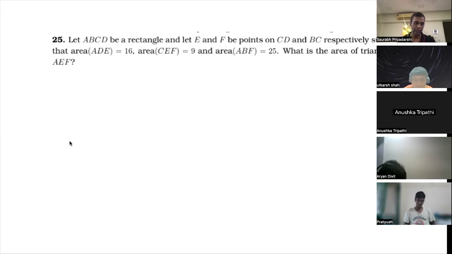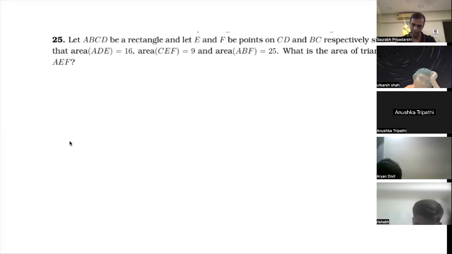Should I start now? Sir, 1 second. Sir, wait, sir, one. How do you know area of rectangle is 50? So 1 minute. Draw the diagram.